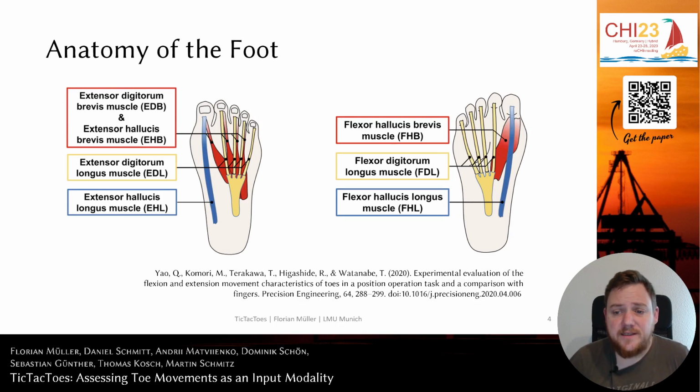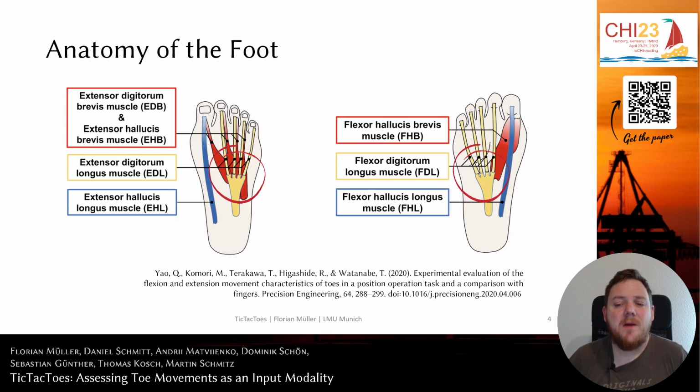Here you see an illustration of the main muscles in our feet. I'm not going into details on the exact anatomy, but one key thing that we can see here, and that you can also realize when trying to move your toes, is that there are muscles that allow us to flex and to extend our toes, that is moving them upward or downward. And second thing to remember, all but the big toe are extended and flexed by the same muscles.